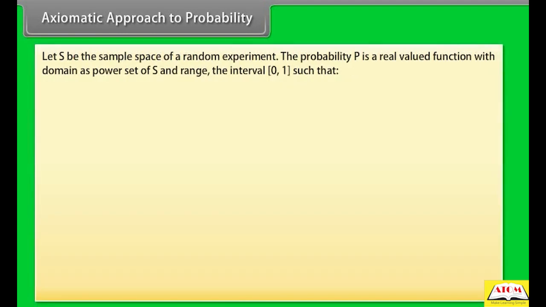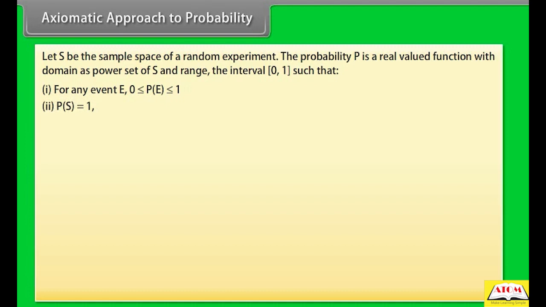Axiomatic approach to probability. Let S be the sample space of a random experiment. The probability P is a real-valued function with domain as power set of S and range the interval [0, 1], such that 1. For any event E, 0 ≤ P(E) ≤ 1. 2. P(S) = 1.